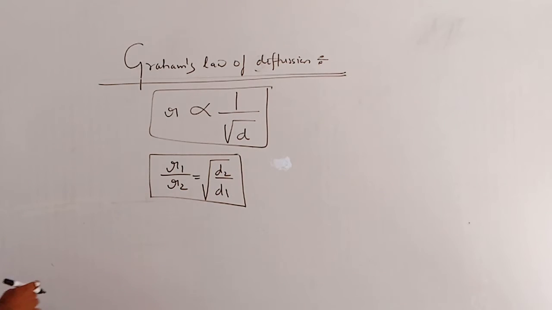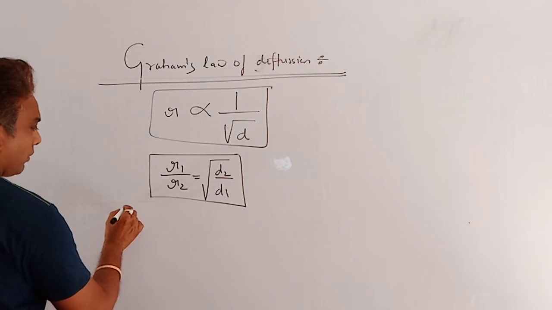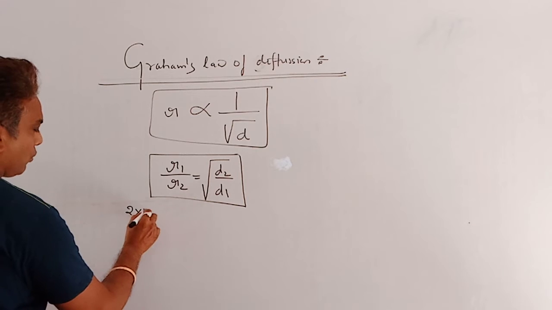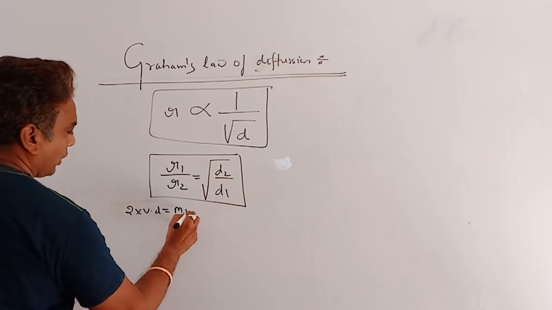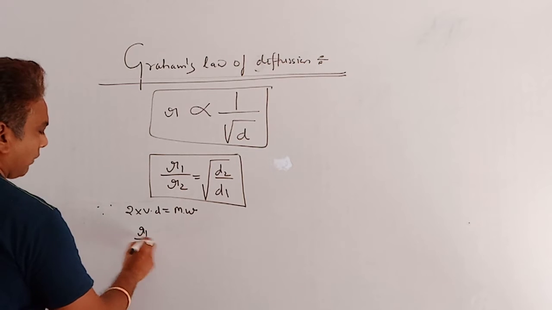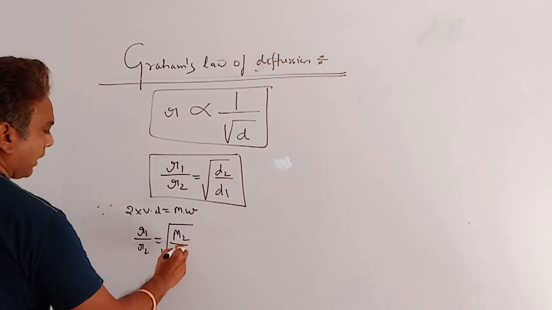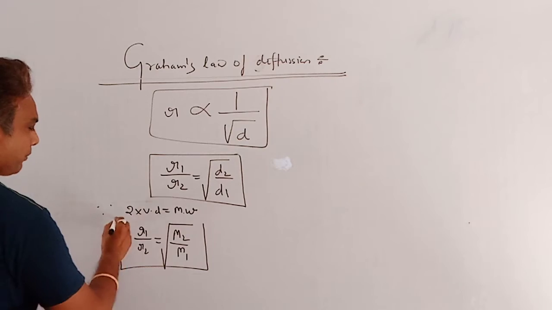Now the relation may be modified with the help of a substitution: for a gaseous substance, 2 into vapor density is equal to molecular weight. So R1 upon R2 is also written as under root M2 by M1. Clear?